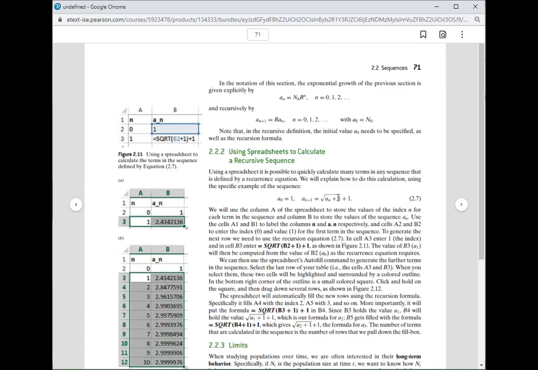I mean, the square root of n0 plus 1 plus 1. Okay. So in this case, the n0 is b2. But if you continue or just simply copy from here down here, it gives you the sequence. Okay.